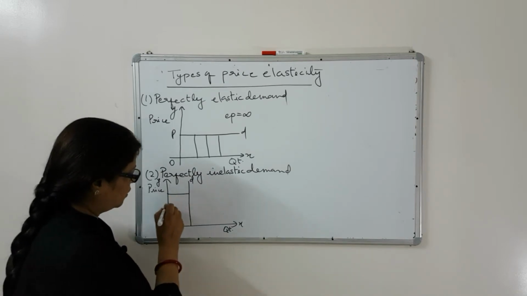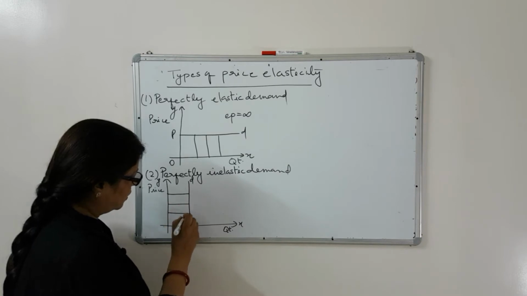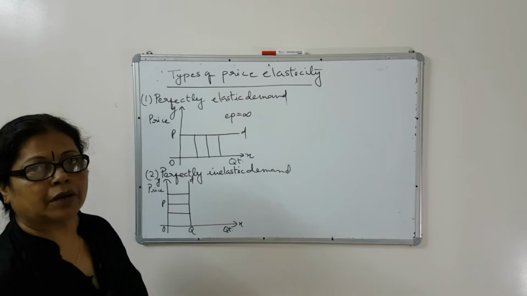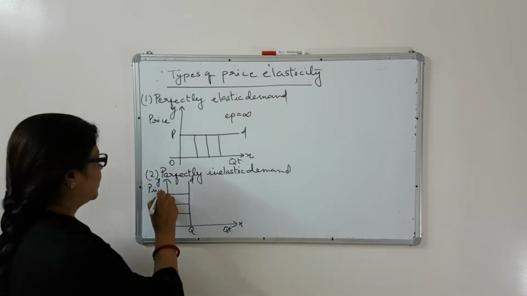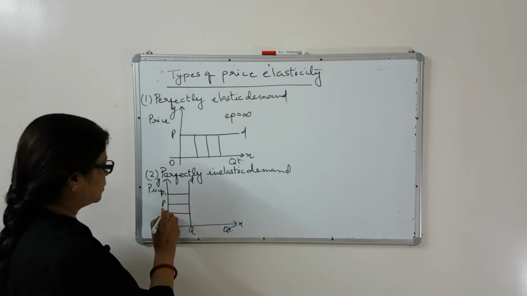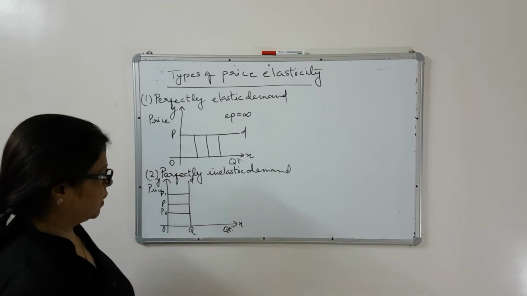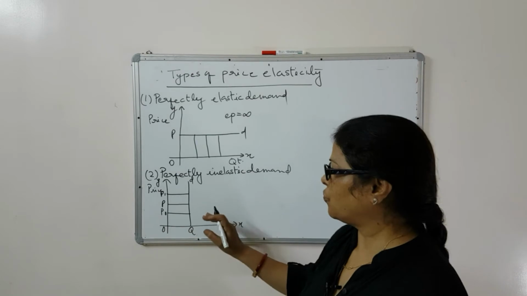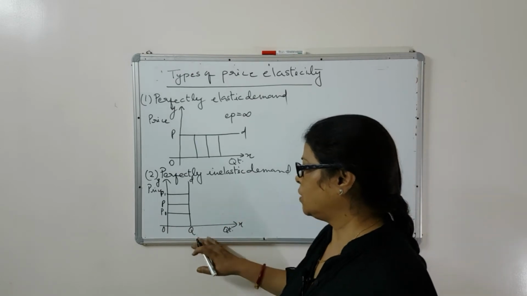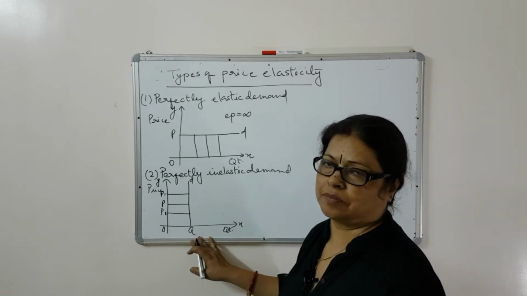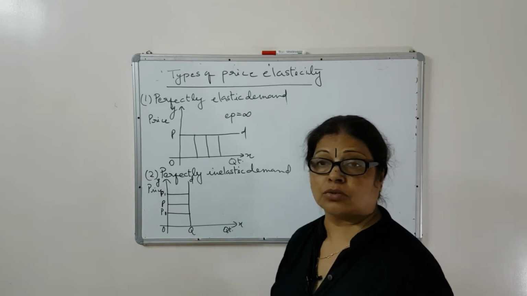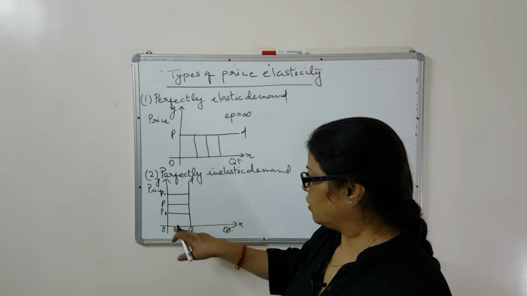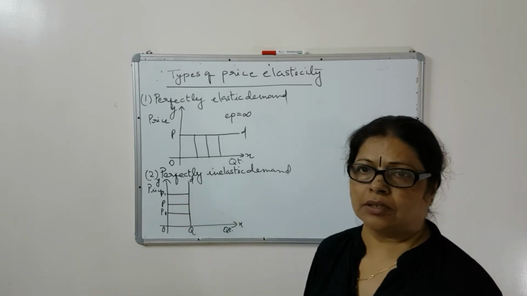Here you will write down that this is the original price OP, price rises OP1, price falls OP0. Means if there is a rise in price or fall in price, quantity demanded remains the same. There is no change in quantity demanded even if there is a change in price.